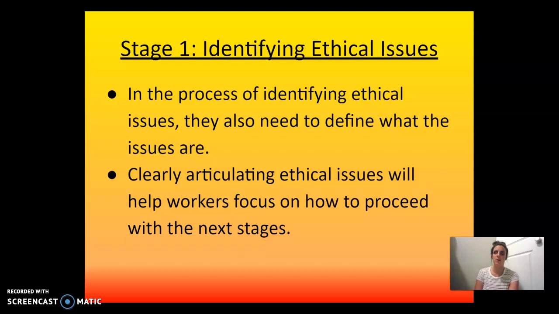And if we know a little bit about the brain, and we've talked about catastrophizing and distorted thinking, sometimes we might be looking at a situation through our emotions, so we don't necessarily have a good logical, factual grasp on what we're trying to address. So this stage is really forcing you to go into that more logical brain versus the emotional brain, to be concrete and objective. This is what happened. This is the ethical violation.